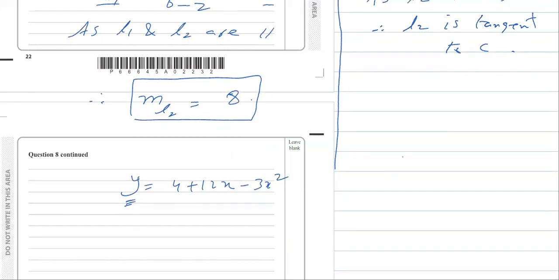For example, if this is the curve C and this is the point where it touches, we don't know that point, maybe it is x1, y1, but we know that its gradient is 8 already.